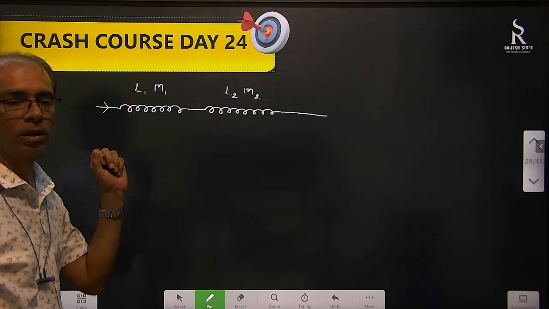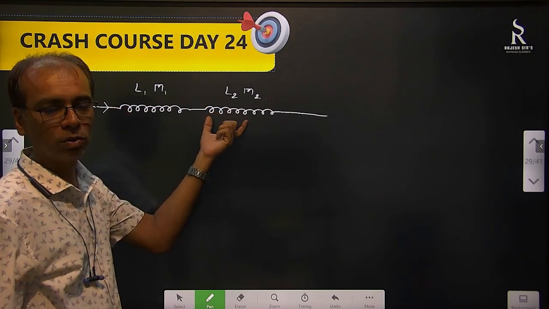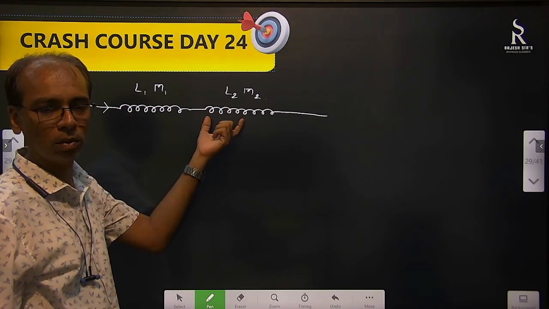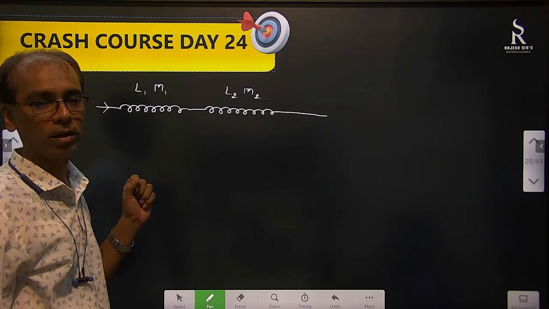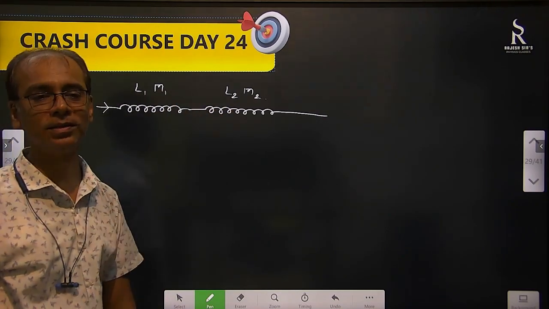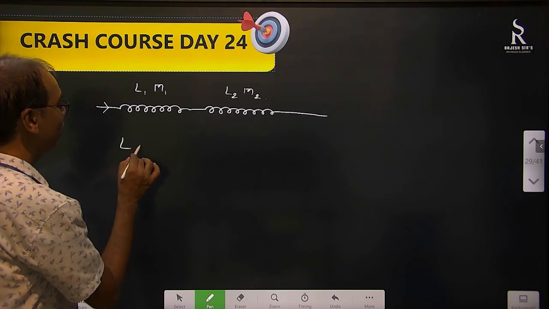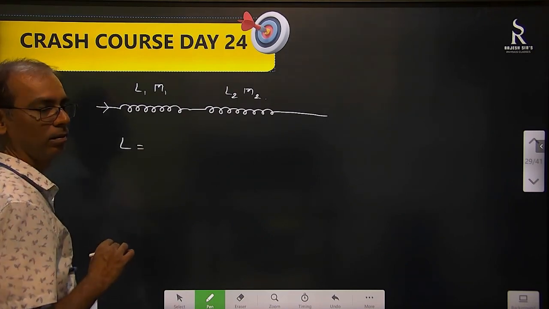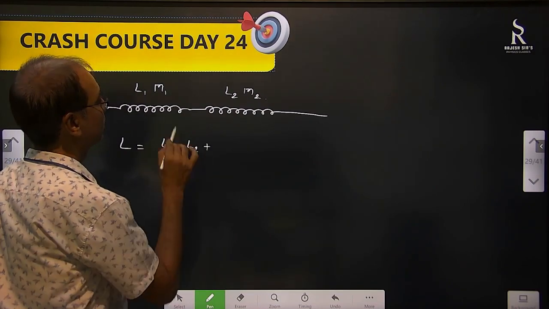M1 is when there is a change in current through this one. In this one, mutual inductance was there, and when there is a change in current here, mutual inductance happens here. So the effective value of L will be L1 plus L2 plus M1 plus M2.